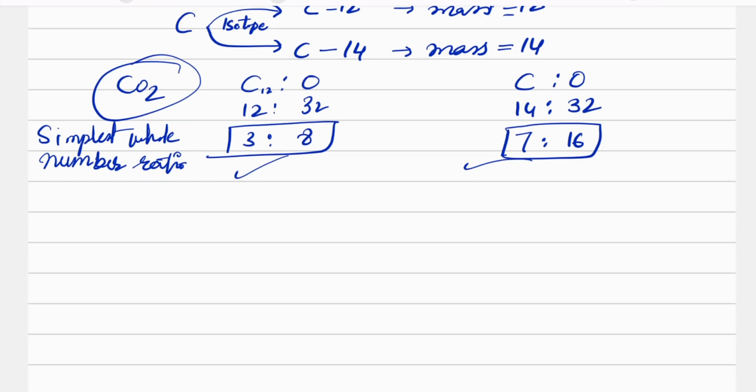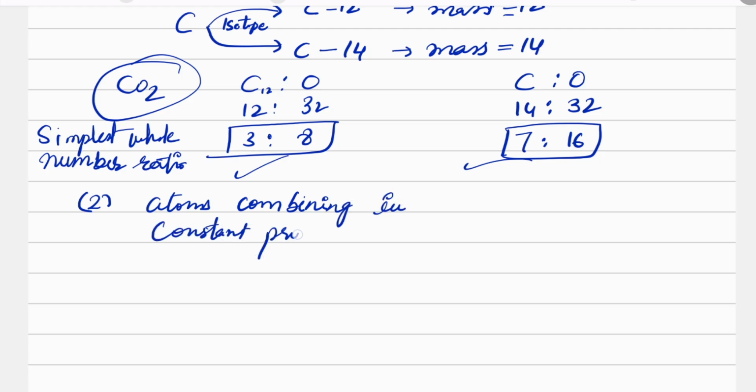Now let's talk about the second limitation. According to this law, the atoms should combine in constant proportion. Suppose they are combining in constant proportion, but it can lead to different compounds.